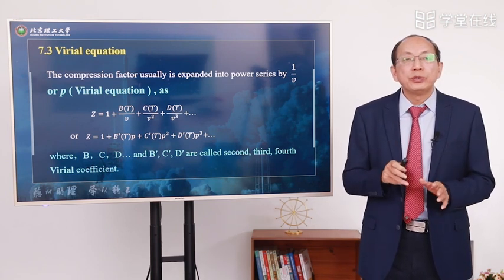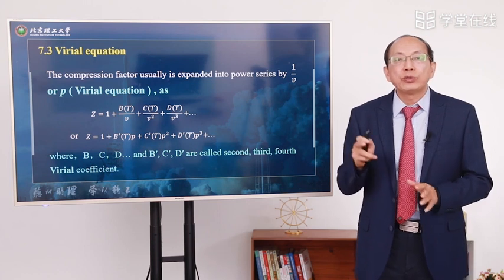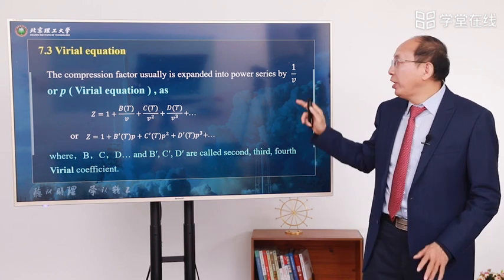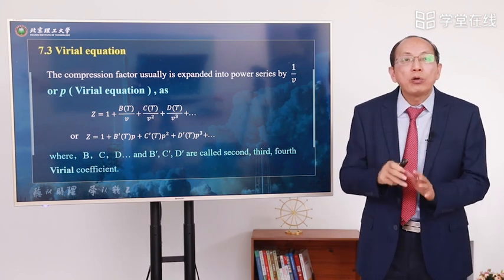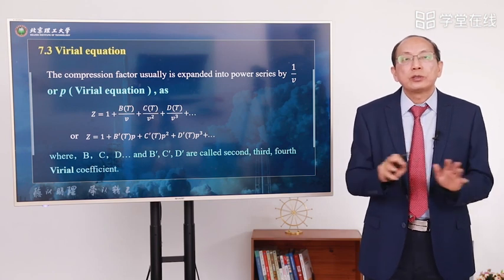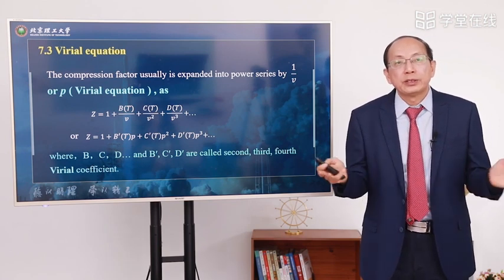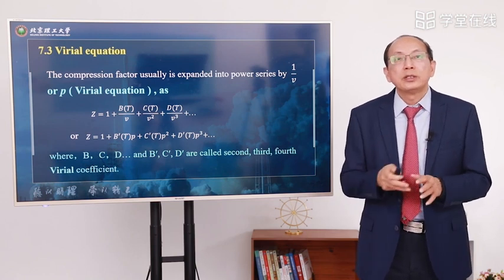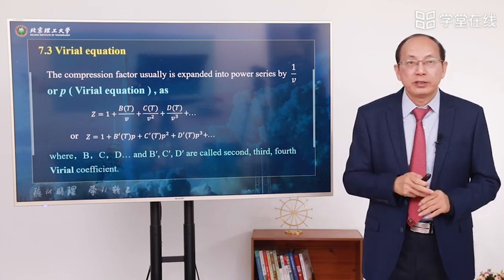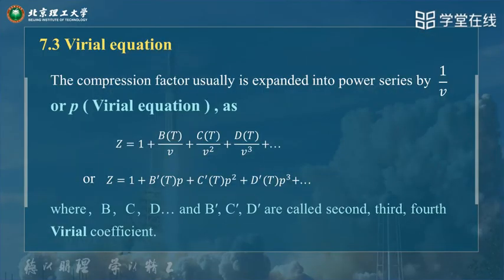The compression factor usually is expanded into a power series by 1 over V or P. We know Z equals PV over RgT, but Z is a function of V or P. So in this section, we expand the compression factor by 1 over V or P.